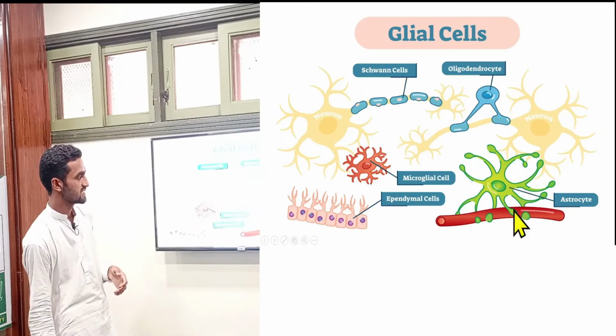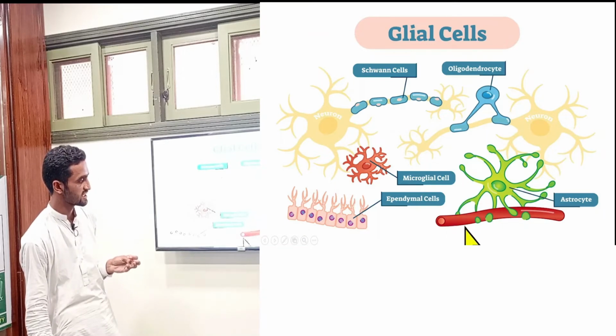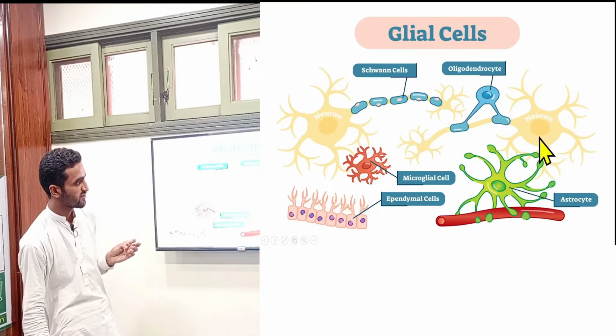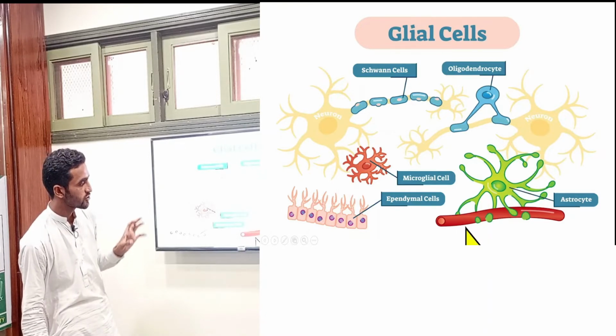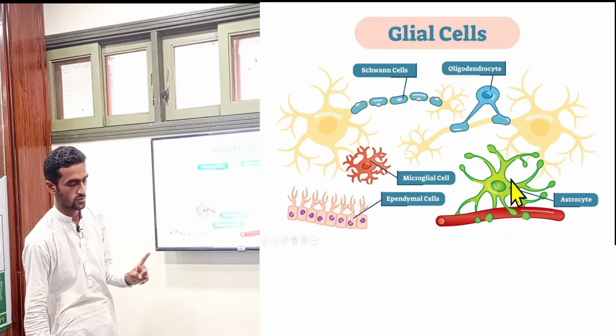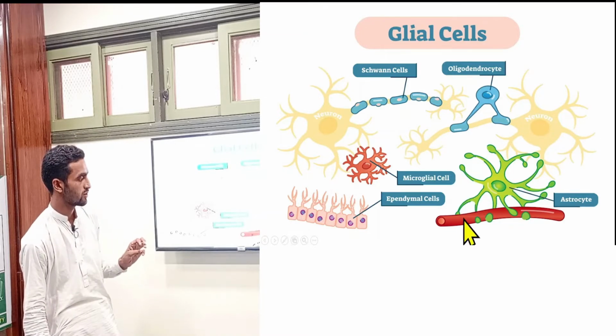If you look at these, what are they? Astrocyte, a very important cell. So this is what? Artery, capillary. So here is the neuron and here is the capillary. What is in between them? Astrocyte. So they are actually creating the blood-brain barrier. Here is blood, here is the brain, and this is creating part of the barrier.